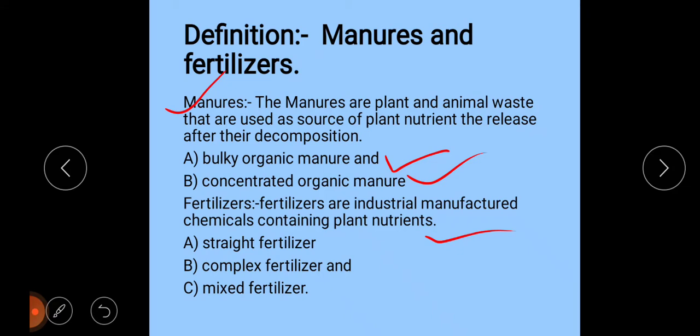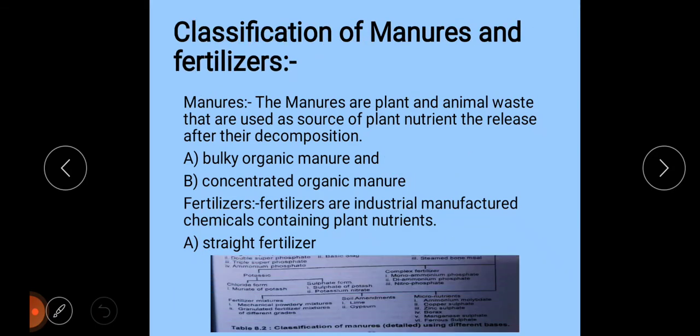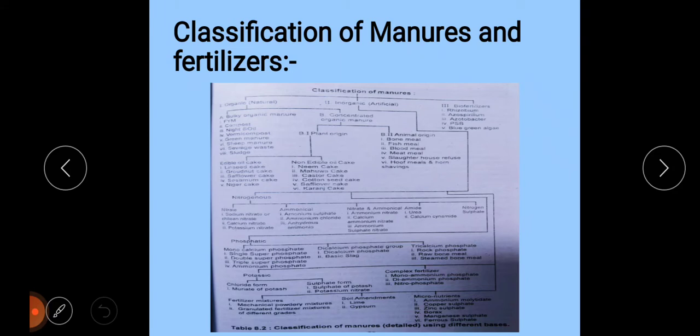In these chemical fertilizers there are three different types: straight fertilizers, complex fertilizers, and mixed fertilizers. These are the basic three different types of fertilizers. Then we discuss classification of manures and fertilizers.